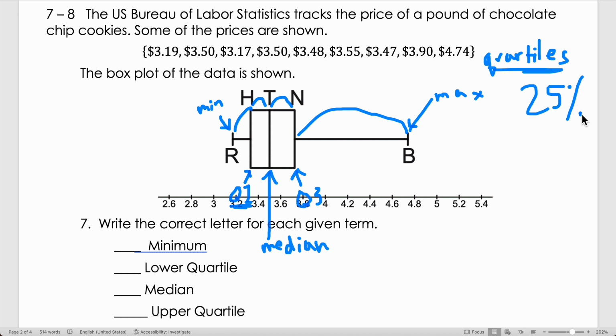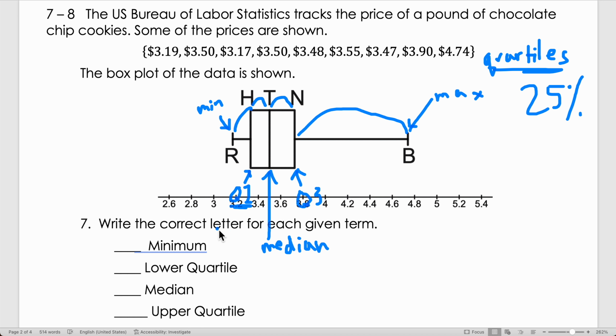Okay? So bearing all of this in mind, we can move forward. That's how you make a box plot. If you need more help thinking through that, let me know. I think you can find random numbers and use resources to do that. But that's generally what a box plot does. It shows us the quartiles, our 25 percent sections.